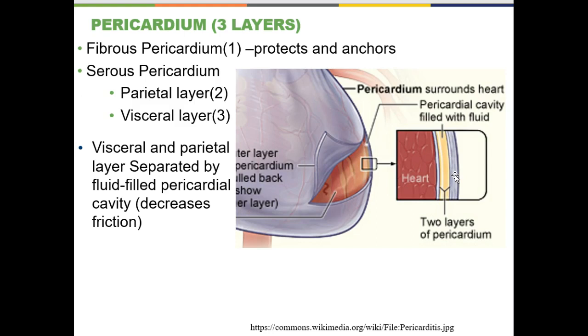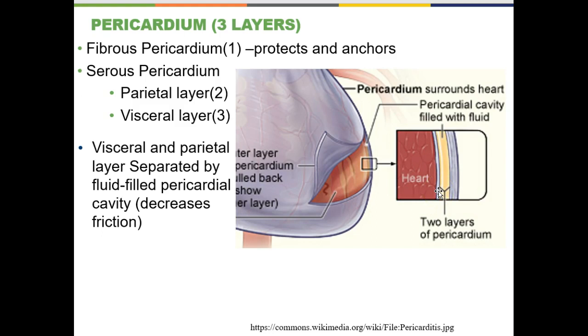Then deep to the fibrous pericardium is a traditional serous membrane with a parietal layer and a visceral layer. So the parietal pericardium lines the inside of the fibrous pericardium, and then the visceral pericardium lines the surface of the heart.